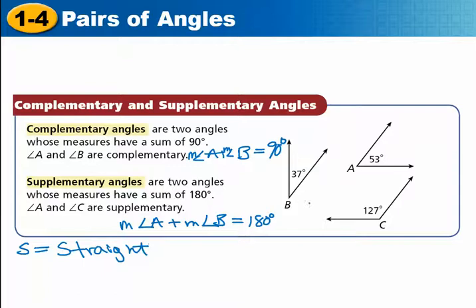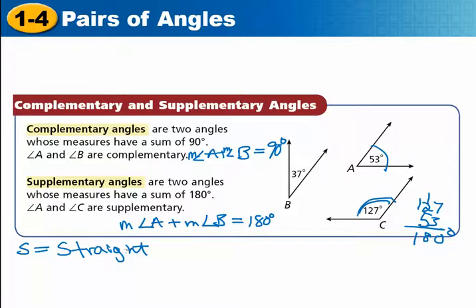But they don't have to be adjacent. So in this example, if you can find two angles that add together to equal 180, even if they're not touching, 53 and 127 together, I would get a straight line.